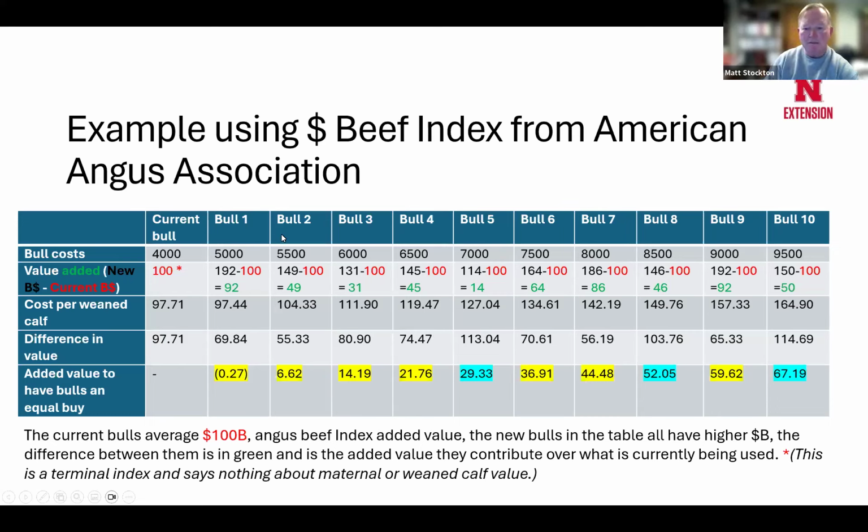Shannon, comments? My only other comment is that it depends on your operation and what you want to do, however you value that added value to that calf. You can use any breed association EPD or index, whatever you want. I just like indexes because they're in dollars, but you still have to adjust because they put a standard value in there. You could do an EPD and do it just as well yourself.